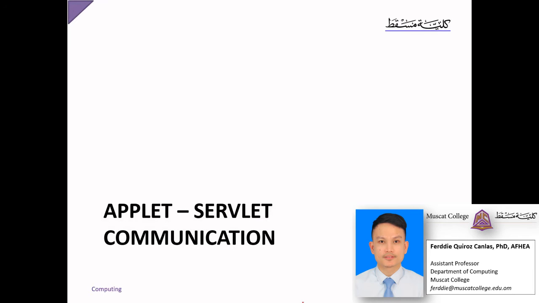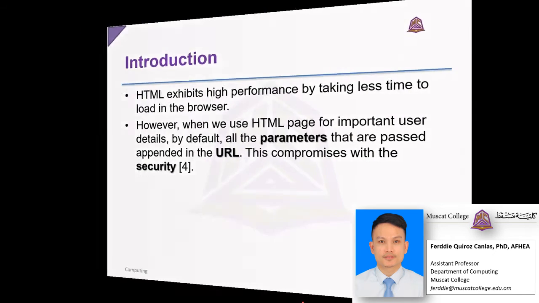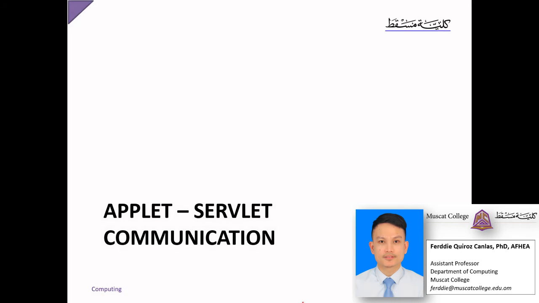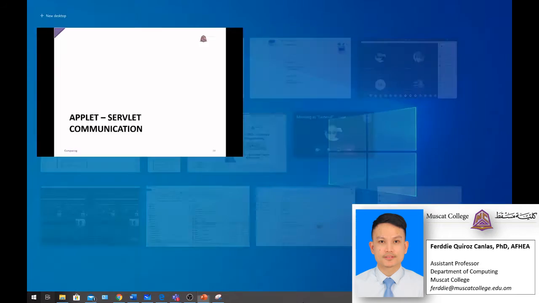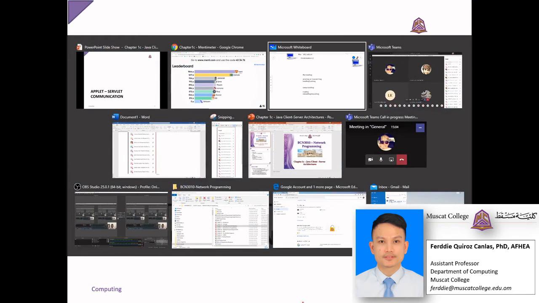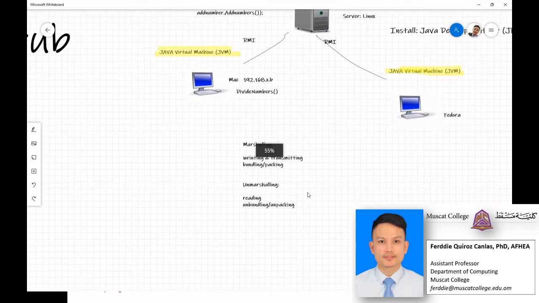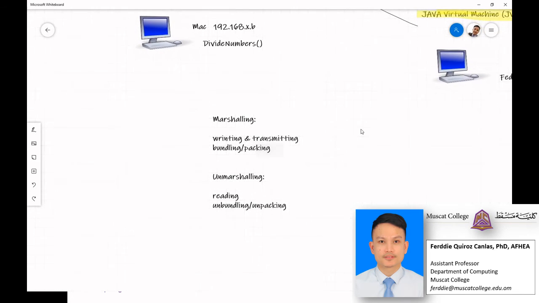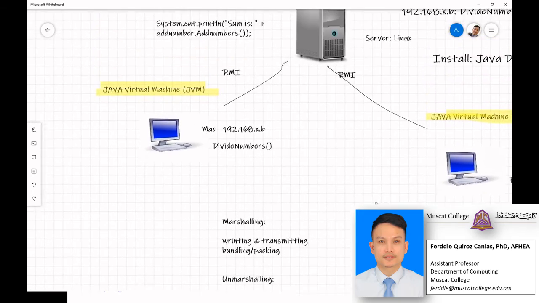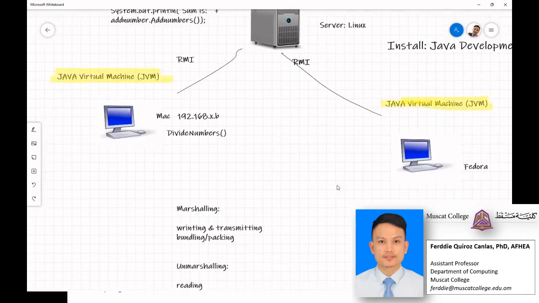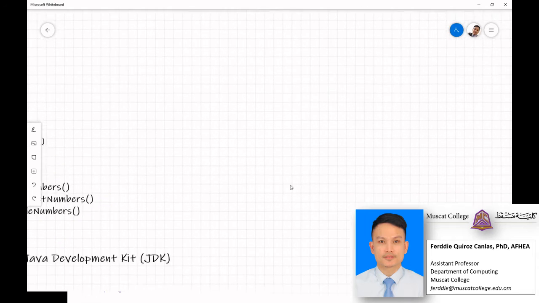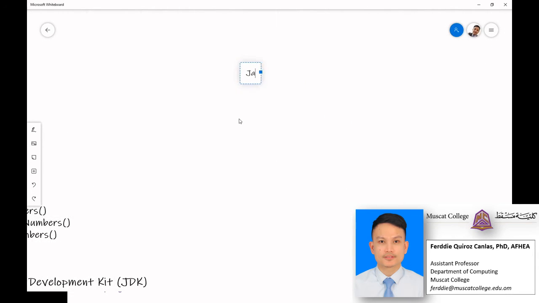So aside from the RMI, okay, we have the applet and servlet communication. This is another method implemented in Java. Aside from having this RMI, we have the applet and servlet. We have plenty of Java client-server architecture implementations.